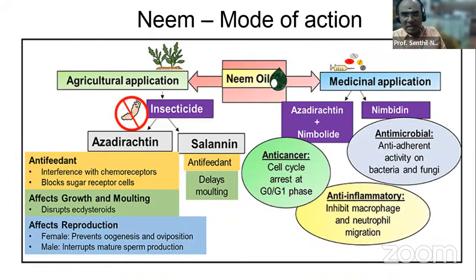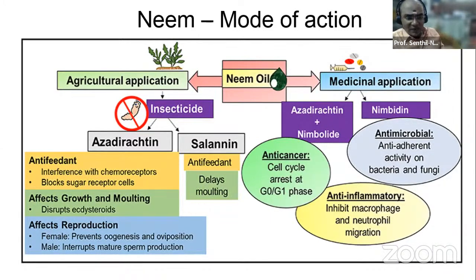And here, the second important neem mode of action, I said I partially divided for the agriculture application, and apart from that, there are beneficial medical applications, including anti-cancer, antimicrobial, and anti-inflammatory. The action against the insect is very strong when compared with human beings. Even a limited amount of neem-based extract can be consumed by human beings without any side effect.